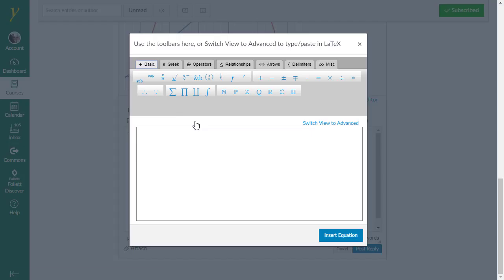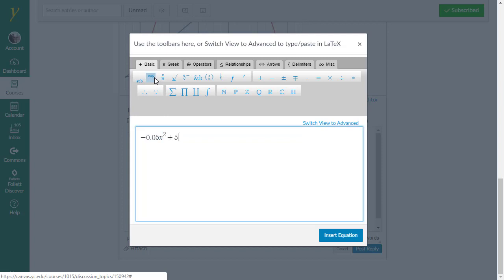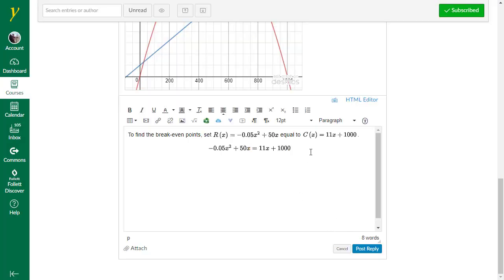So I'll click on my equation, and now I'm going to type in those two formulas set equal. Remember, to get to the power, I have to use the sup, use the arrow to get out of it, and then say plus 50x equals 11x plus 1,000. Say insert, and that puts it into our post.